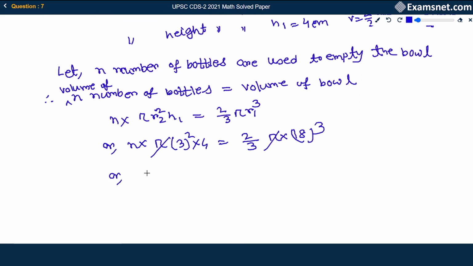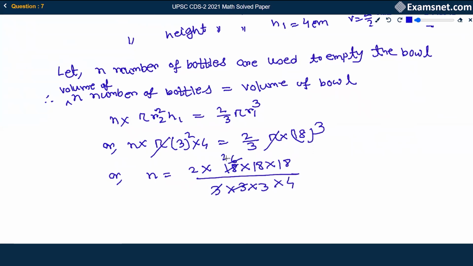So n equals 2 multiplied by 18, 3 and 4, 6, 2, 4, 6. So the value of n is 108. We know 18 multiplied by 6 is 108.